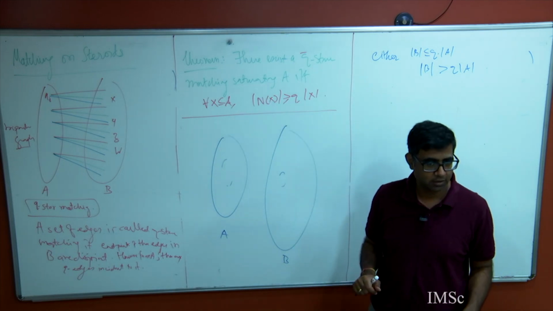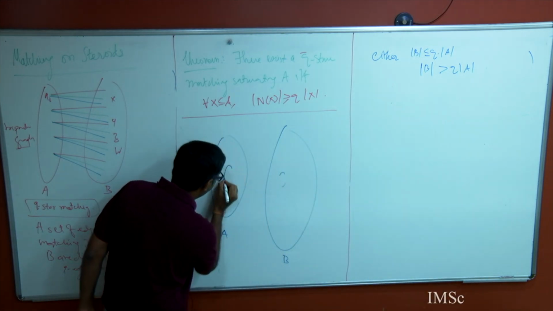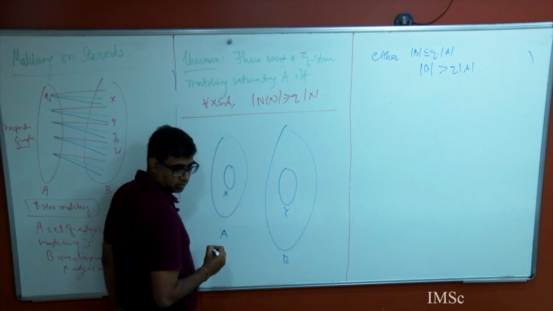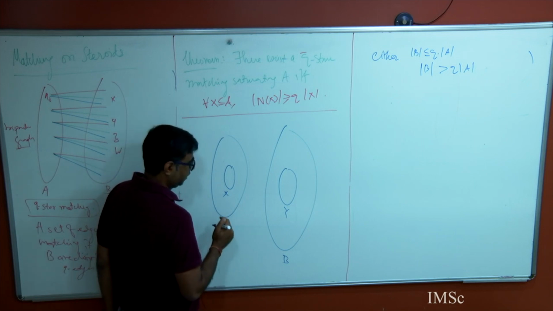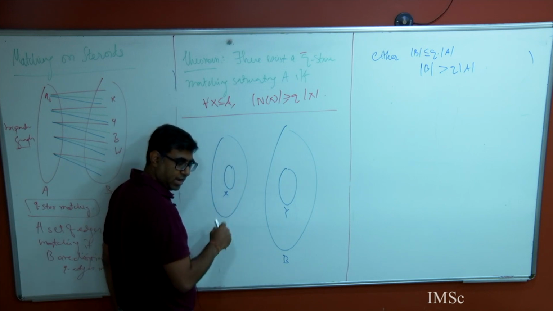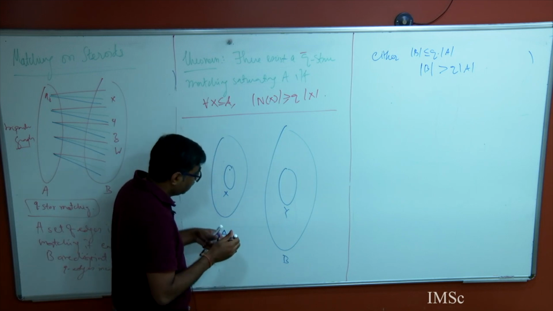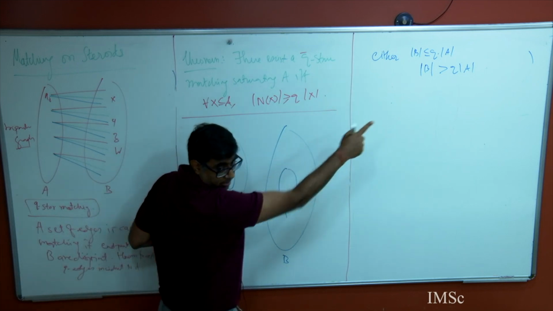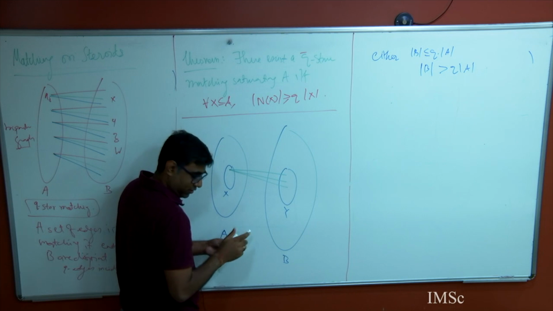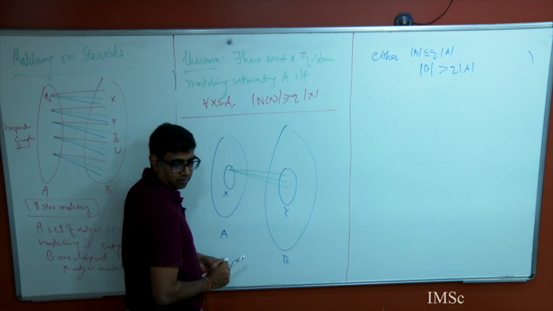Then what will this imply? There is a subset X whose neighborhood is Y, and what is the property? The neighborhood of Y does not see anywhere else. And if I take a minimal such X, what is the property? You could look at more than q times A. For each of them there will be a q-matching that saturates X, and there will be some additional guy sitting here.